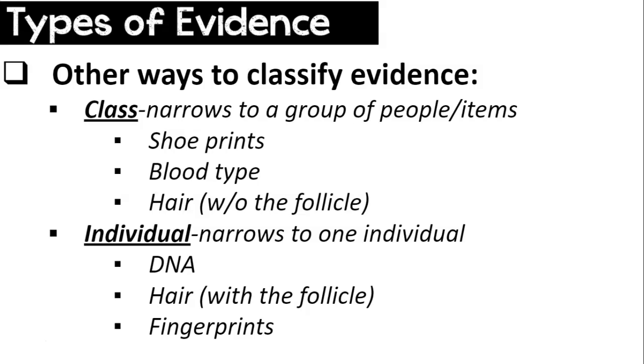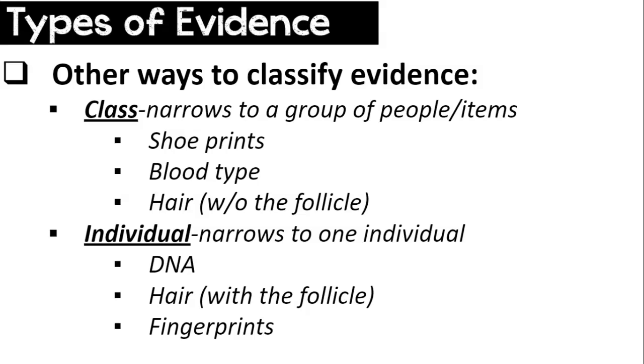And then the last way that you can classify evidence is class versus individual. So this is slightly outside of the types of evidence, but this is how you would classify evidence in a different way. A type of class evidence would be where you could narrow it down to a group of people. So like shoe prints, right?